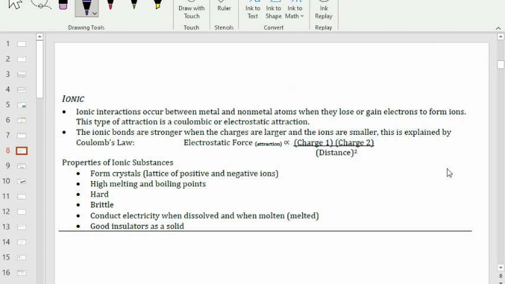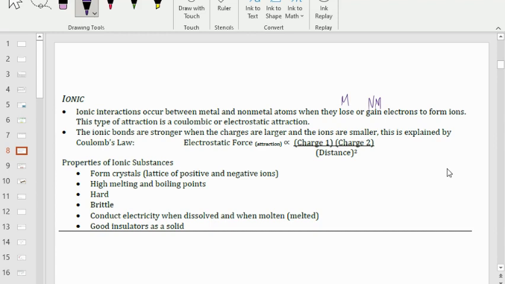That's bad. All right. Ionic, then. Ionic interactions typically, like I said, occur between a metal and a nonmetal. They're going to lose electrons if they're the metal. They gain the electrons if they're the nonmetal. The attraction then is one of these Coulombic attractions or electrostatic attractions.